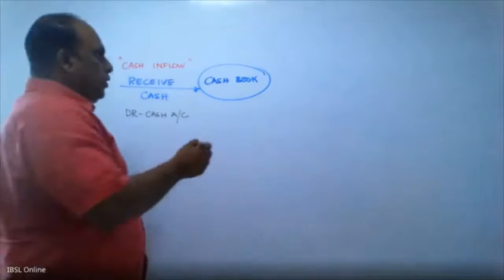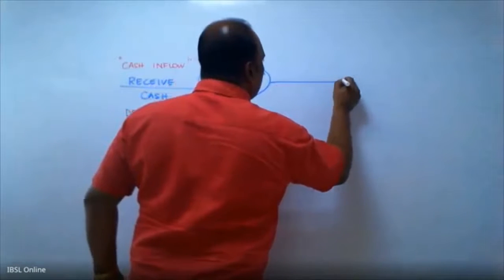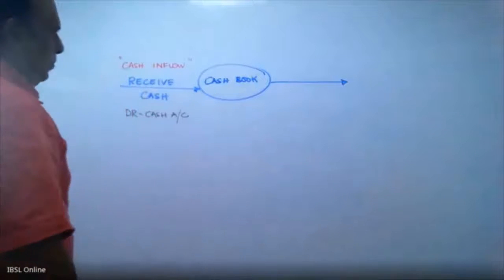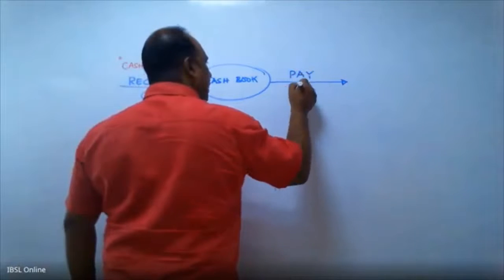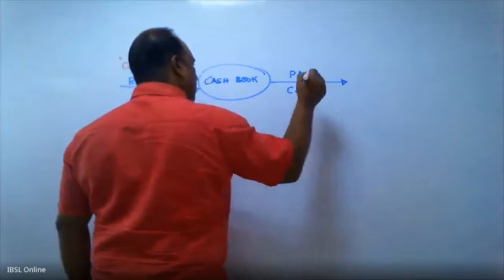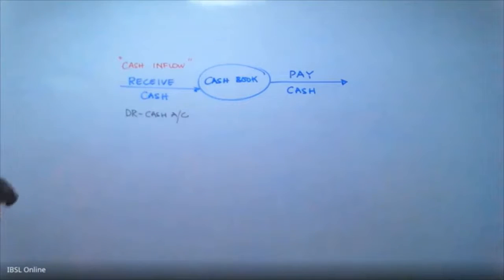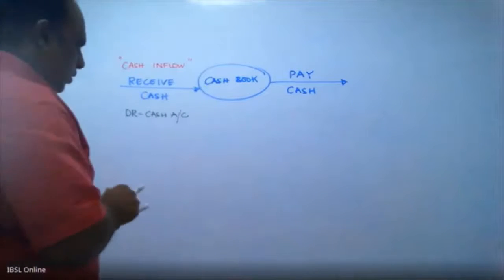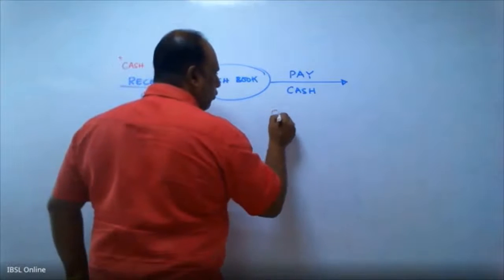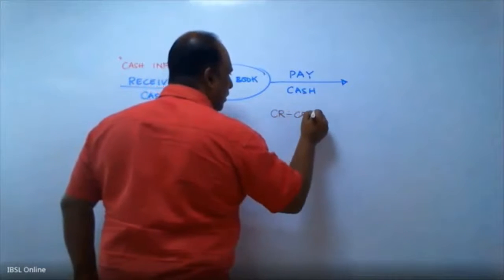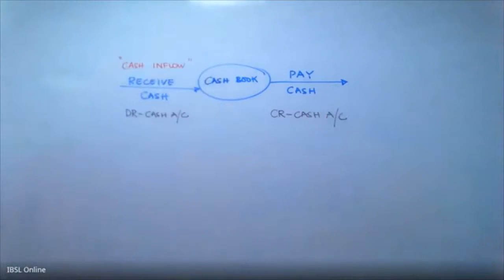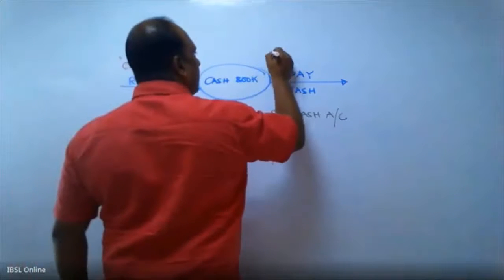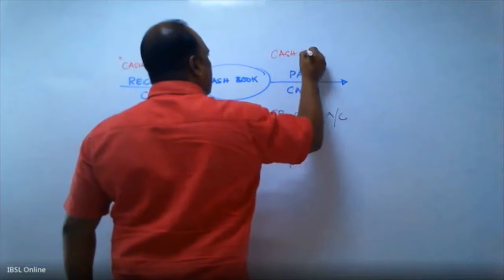Similarly, you might have to pay for things that you purchase. So this is where you need to pay cash. When you pay cash out, the money will go out from your cash book or the cash account. So you will credit your cash account. And this is called cash outflow.